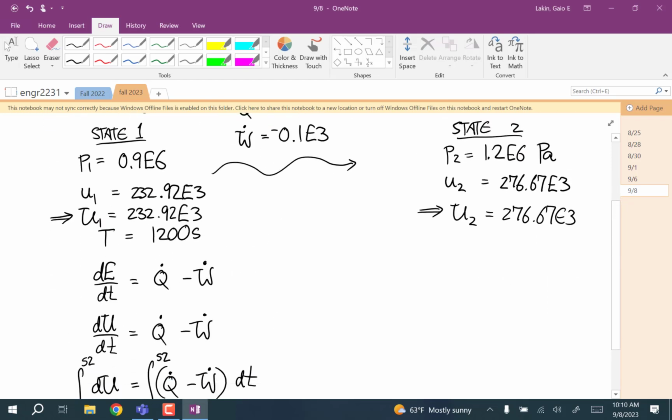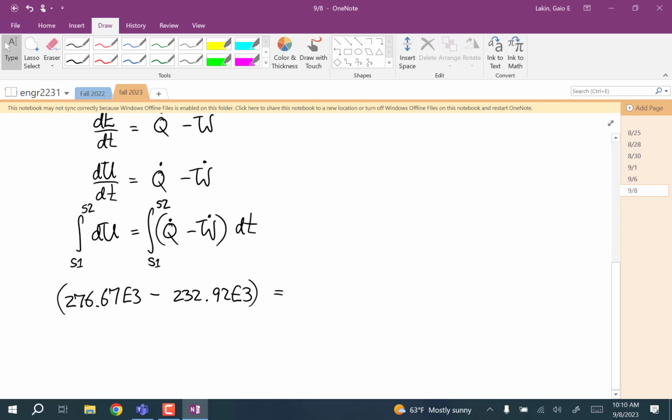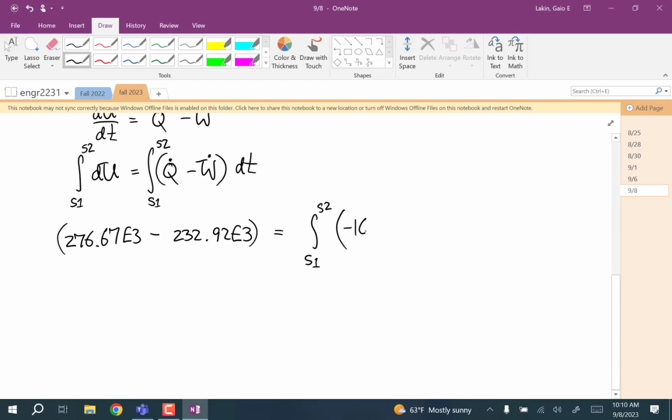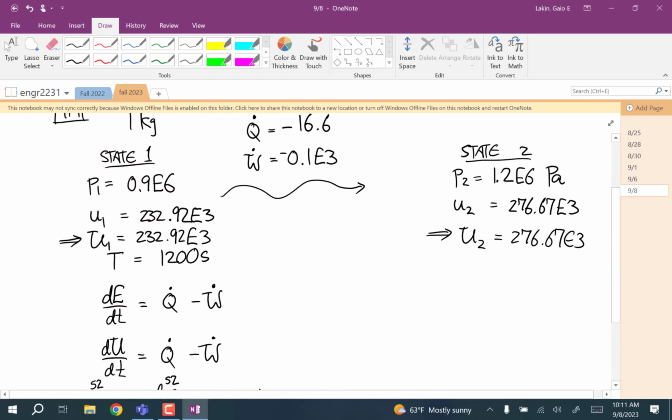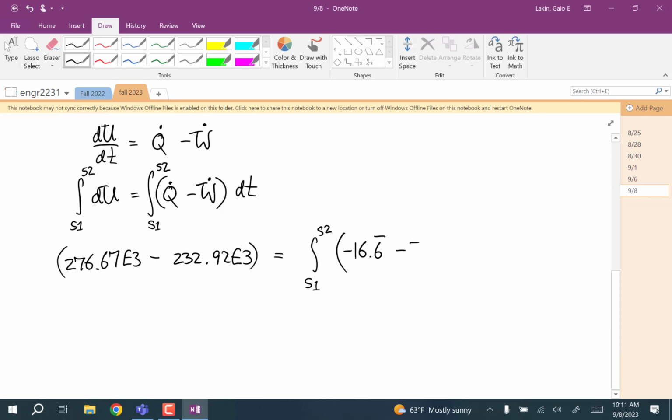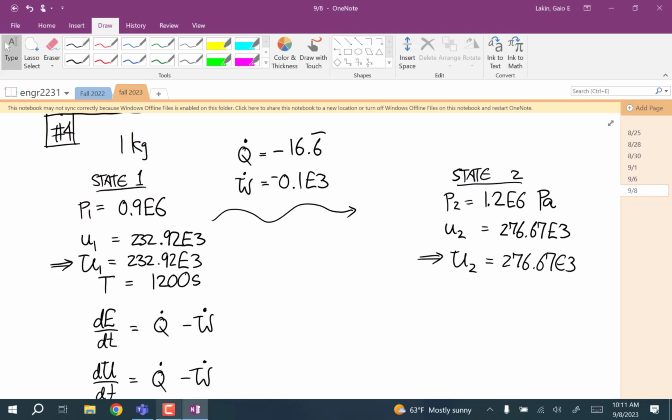So Q dot, so we got the integral from state 1 to state 2 of negative 16.6 repeating minus negative W. I didn't complete this thing.